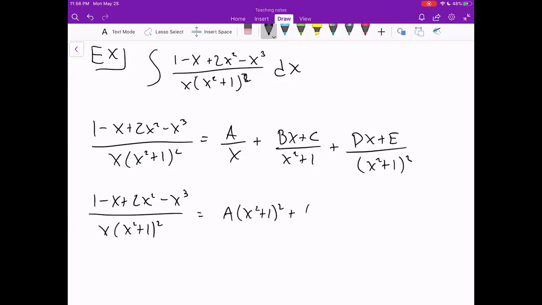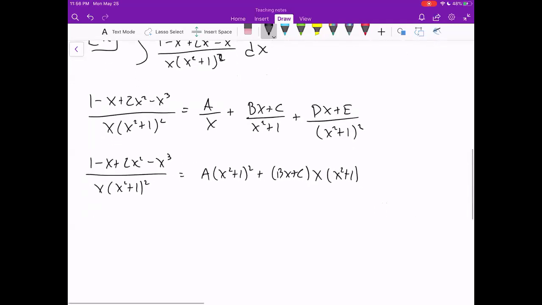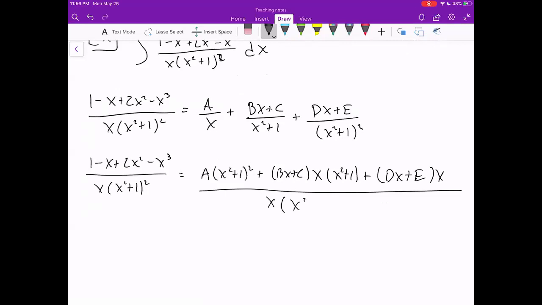The Bx plus C term gets one factor of x and also needs one more x squared plus 1. The last term already has two x squared plus 1s, so it just gets an x, all over x times x squared plus 1 squared. The denominators match, so we're able to cancel them out.